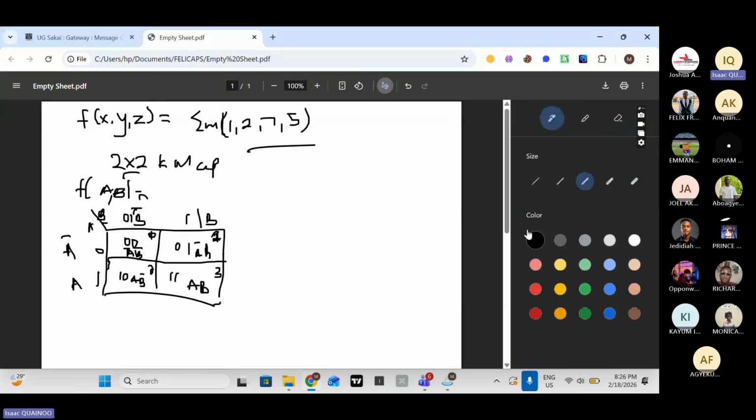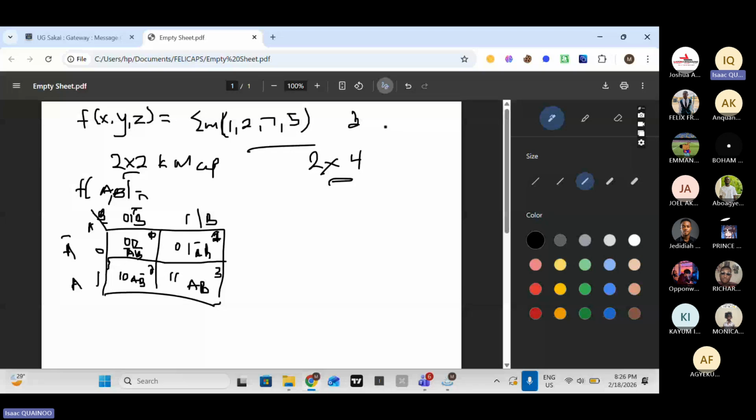So in the case where you are having a 2 by 4 cell K map, which is another type of K map, okay? This is a K map which has 3 distinct variables. So if we are having 3 variables, automatically you have a total of 8 cells because 2 raised to the power 3 is 8.